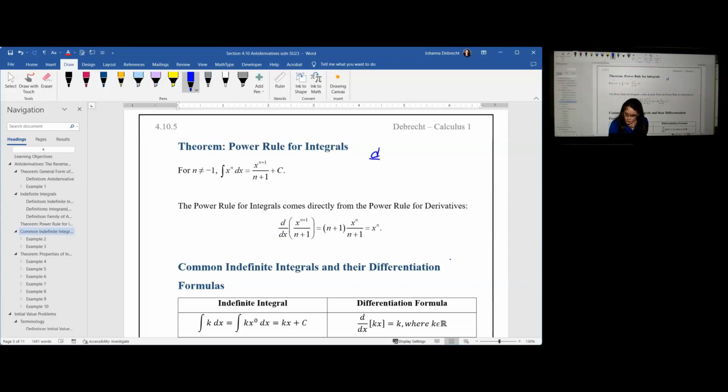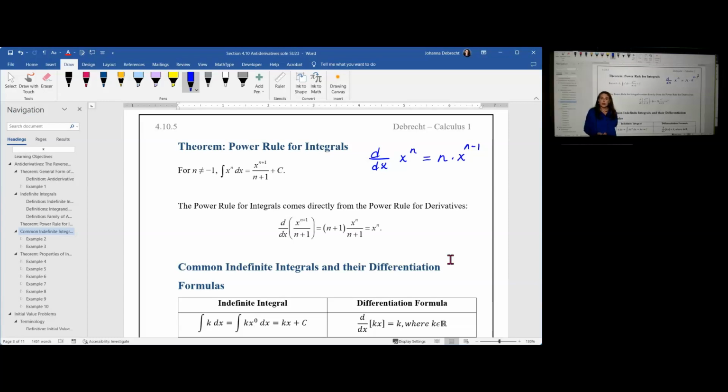When we take the derivative with respect to x of x to the n, we pull the n, the power, to the front, and we multiply by the variable to 1 less than the original power. So we need to think about undoing this operation.